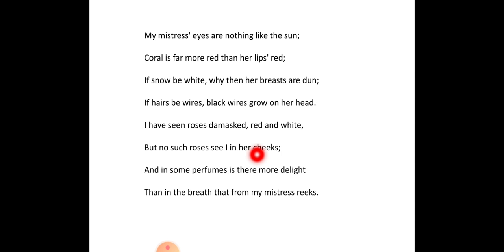Now, let us start by talking about how the Shakespearean sonnet is different from the Spenserian, because you know the English sonnet came before the Spenserian.